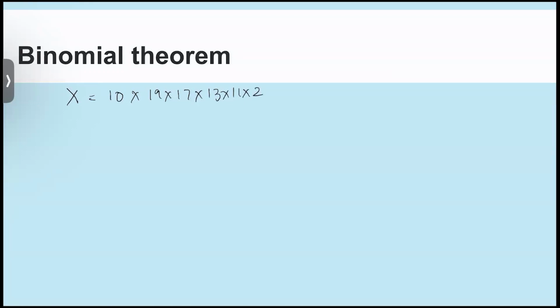Now we were asked to find the value of 1 by 1430 x. So this can now be written as 10 into 19 into 17 into 13 into 11 into 2, divided by 1430. Now you can take out 10 and 10.